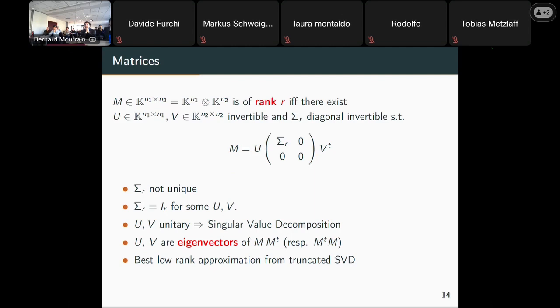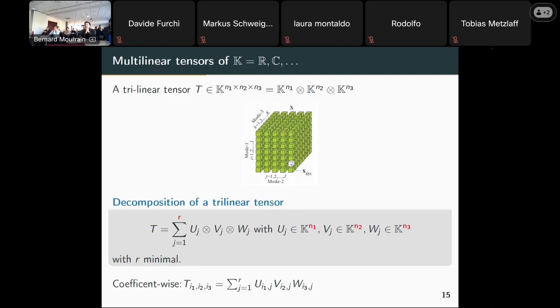This is well known. So for tensors, we have a similar kind of decomposition. Here, a multilinear tensor of order 3. We want to write it as a sum of u_j tensor v_j tensor w_j, where these are vectors in the different spaces.